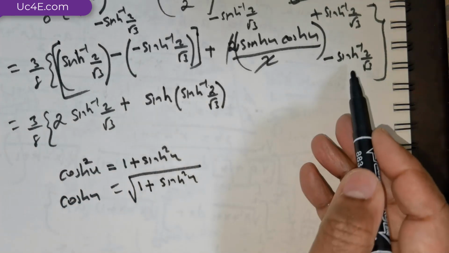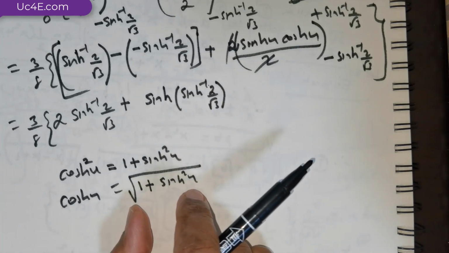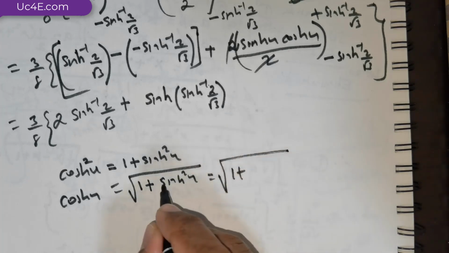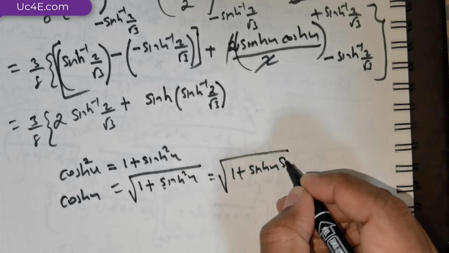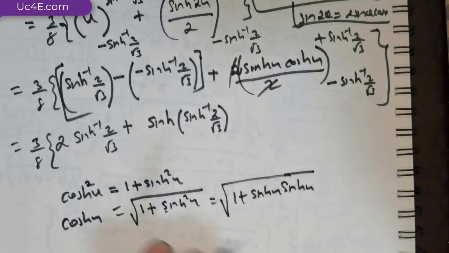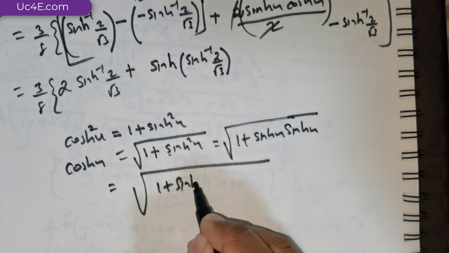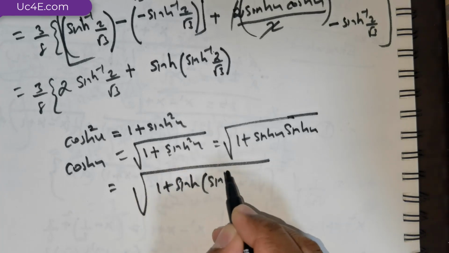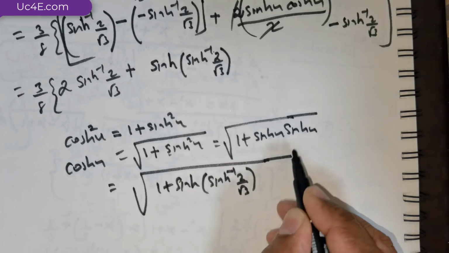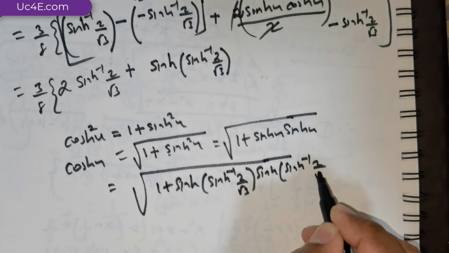Now I need to substitute the upper limit for root of 1 minus sin squared u. Root of 1 minus sin squared u is nothing but root of 1 minus sin u times sin u. So I substitute the upper limit over here. That's root of 1 minus sin, in place of u I have sin inverse of 2 over root 3, times sin, in place of u it's sin inverse of 2 over root 3.